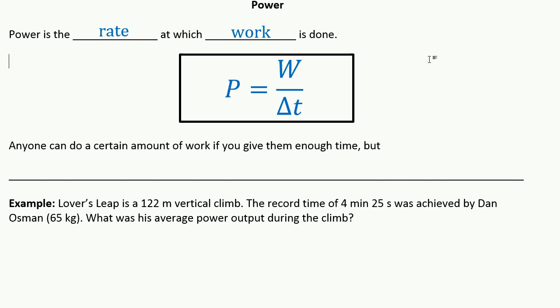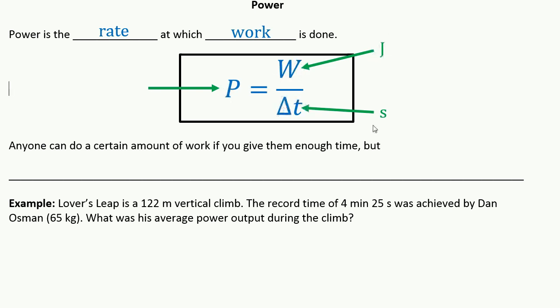As with all of our equations, we're going to look at the units here. So work, as usual, we're going to measure in joules. All work and all energy is measured in joules. Time is going to be in seconds. And that means power. Well, if power is work divided by time, then the units of power are the units of work divided by the units of time.